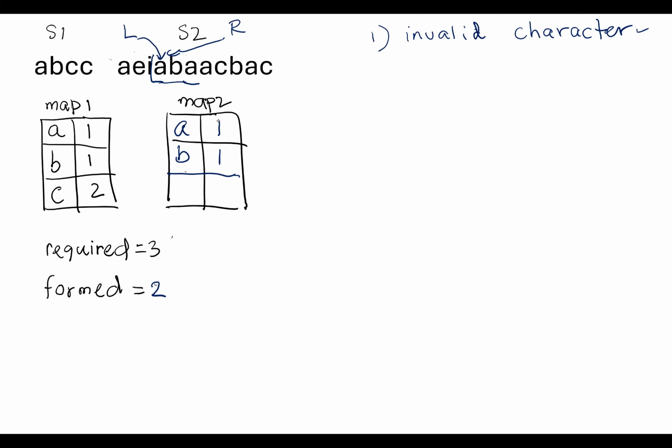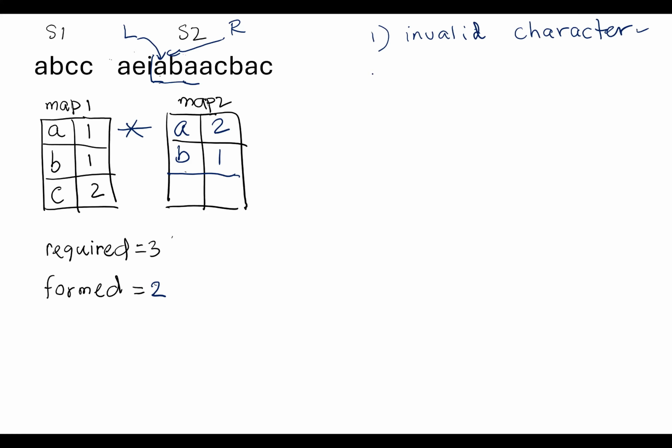Next, we expand again. Now you see, this is a mismatch, right? Now I have more A's than what I want, and actually I cannot move further. The reason is that I cannot have a substring that has 2 A's.